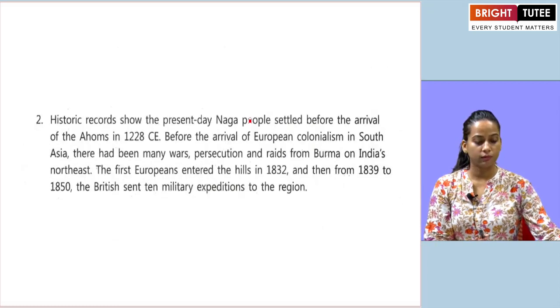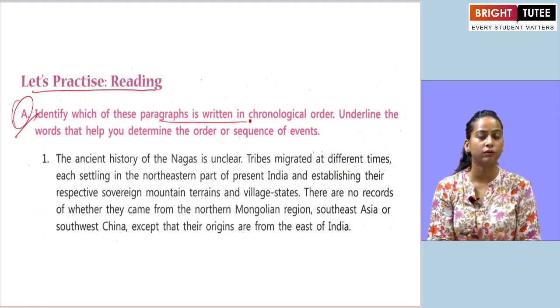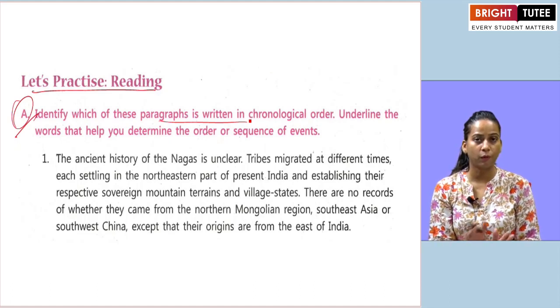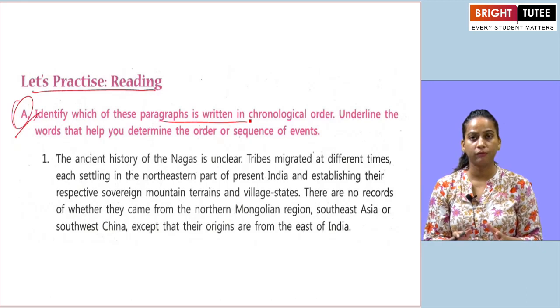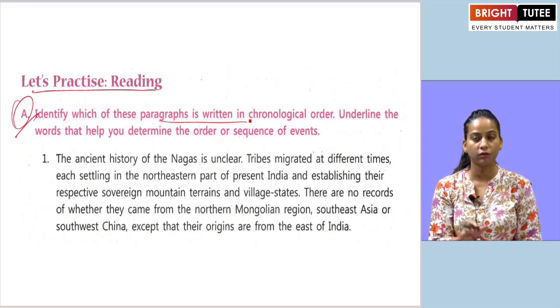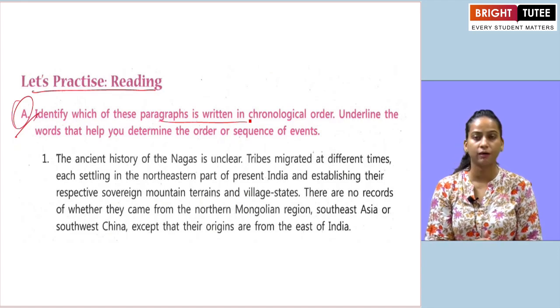Here, the 4 paragraphs are given to us. We have to read these and then arrange them in chronological order, that is, the proper sequence of these paragraphs. So, some keywords that we have discussed, first, second, later, next, these kinds of keywords we have to find out and then mention how we got to know about the sequencing. Clear? So, let's start with that.